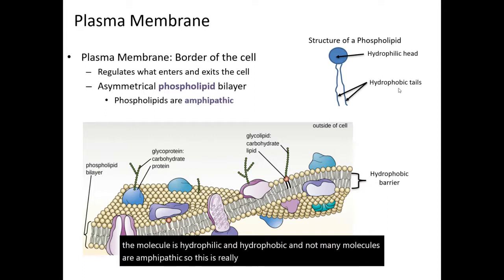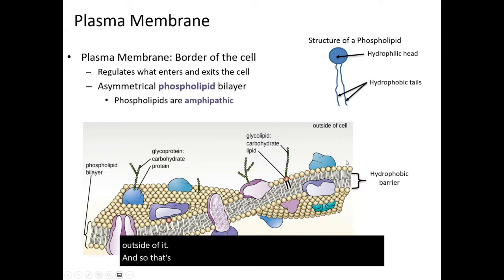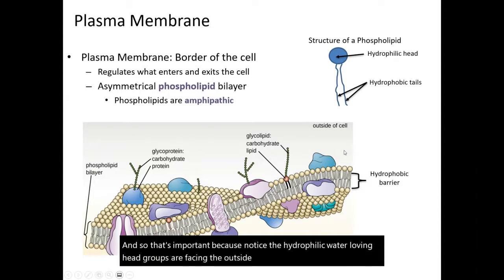It's this amphipathic property of phospholipids that allows them to arrange the way they do in a bilayer, with those hydrophobic tails touching each other and the hydrophilic head groups making the outside of it. Notice the hydrophilic, water-loving head groups are facing the outside of the cell, which is normally a watery environment. Inside the cell, we see those hydrophilic head groups again, and that's important because inside the cell is a lot of water.